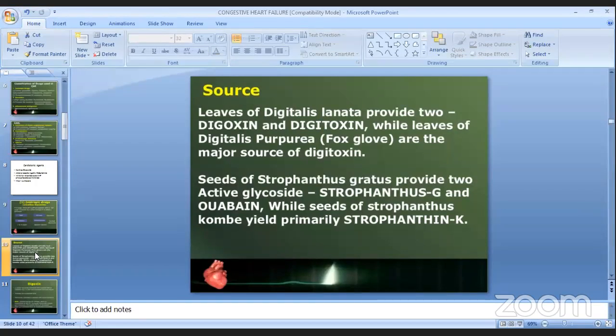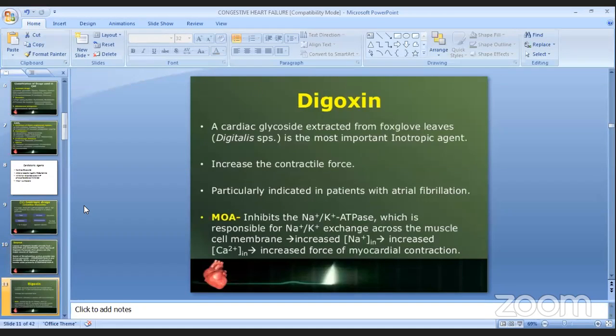This steroidal glycoside is one of the important glycosides that we use for the treatment of congestive heart failure. Digoxin increases the contractile force of the heart and acts as a tonic.